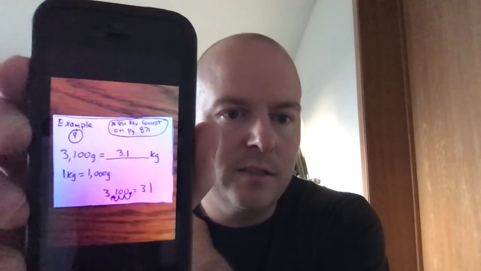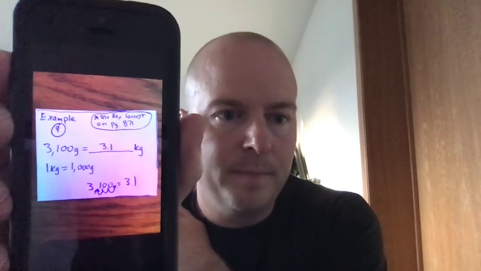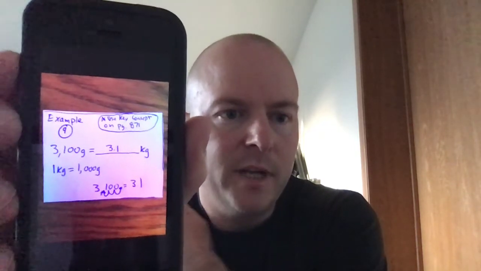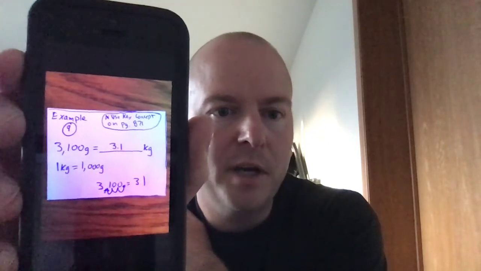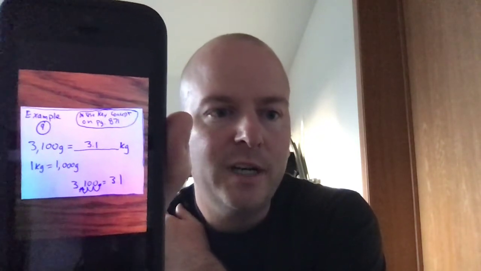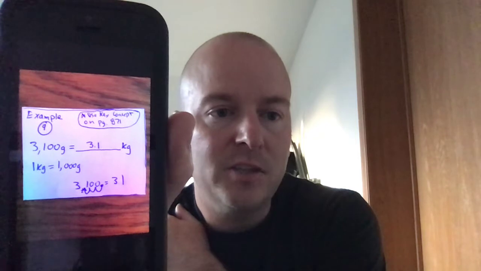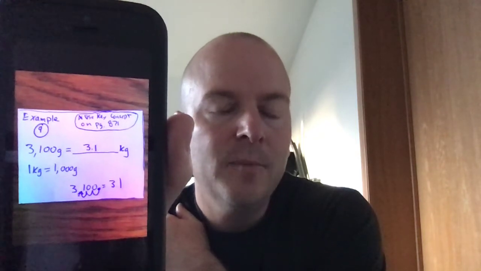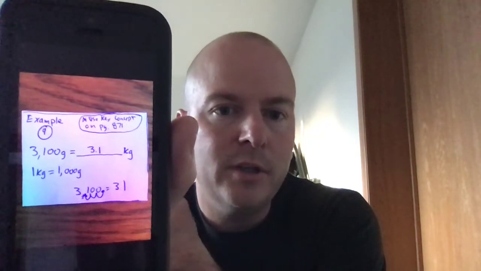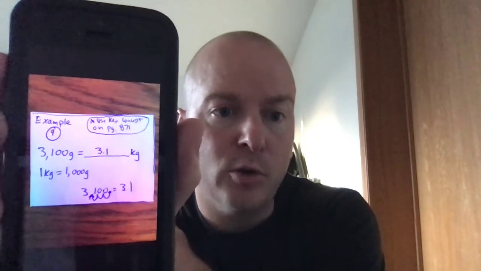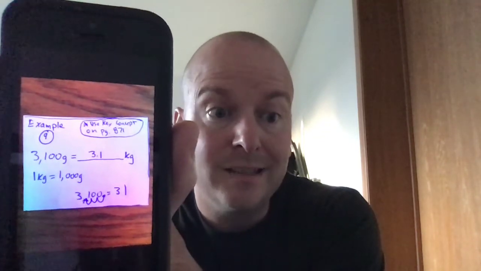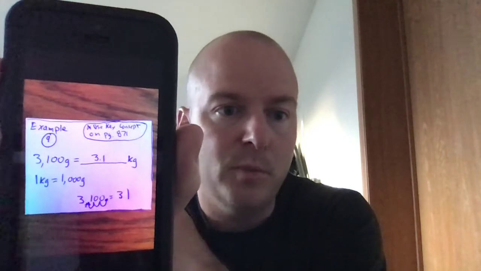And again, you want to use that chart, the key concepts on page 871. Example number 9. So you have 3,100 grams. You're turning it into kilograms. Now again, these are equal, but since kilograms are a larger unit of measure, that number is smaller, but they're equal. 3.1 is less than the number 3,100, but we're talking grams versus kilograms.